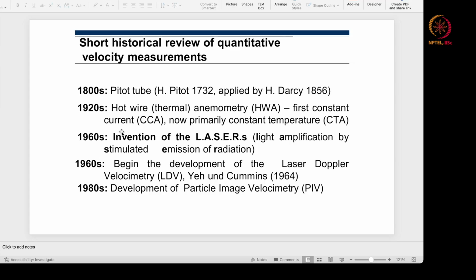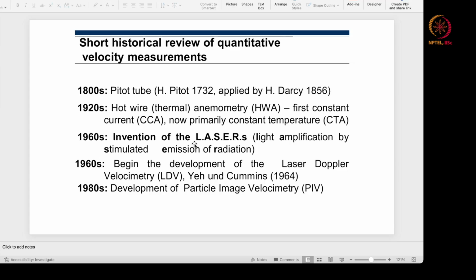Then, of course, the invention of lasers, where laser is the acronym of light amplification by stimulated emission of radiation. This changed the scenario quite a bit, because now we could have these very coherent lights, which could be used for the measurements that we are going to show.